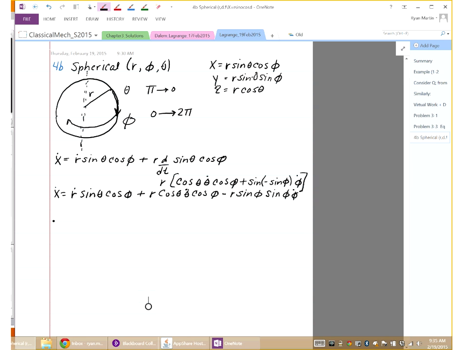Okay, and then of course, now that I have three terms, taking x dot squared can be a little bit tricky. I'm not going to do that here, but I would recommend that you set it up so that you turn your paper long ways and you write out all the terms.